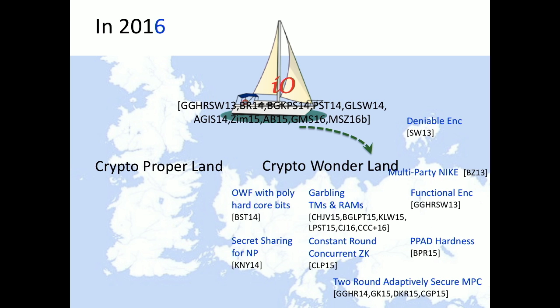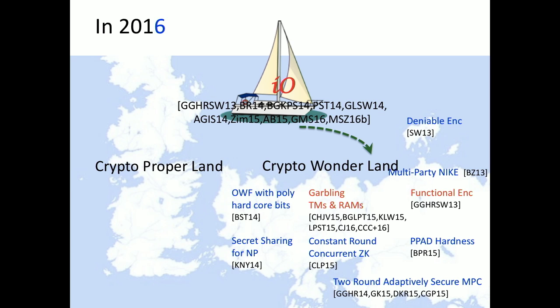And in this crypto wonderland, a lot of new tasks that we used to want to do but didn't know how to do, like full general purpose functional encryption, or tasks that we didn't even think about doing before, like garbling Turing machines or running computations in time independent of the time complexity, now all become possible.